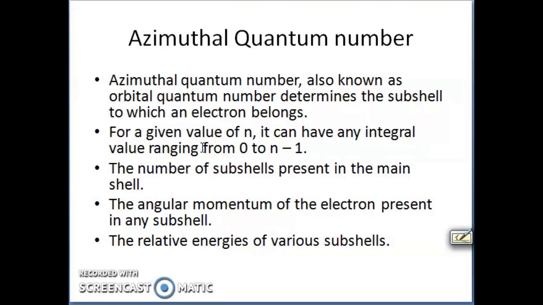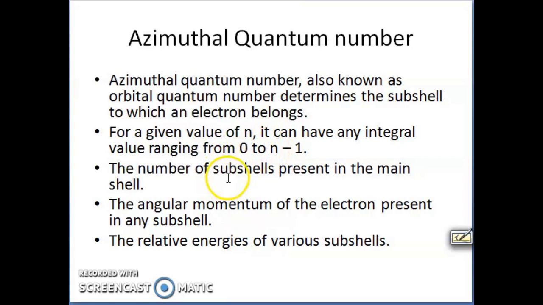The relation between them is: if we are given the value of n, the azimuthal quantum number will take values ranging from 0 to n minus 1.